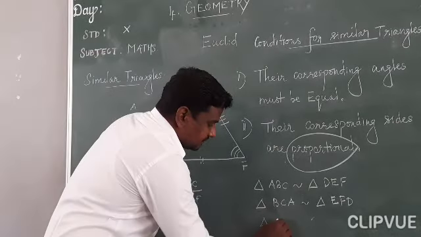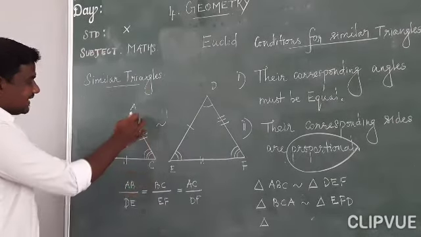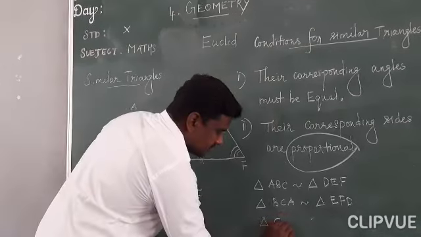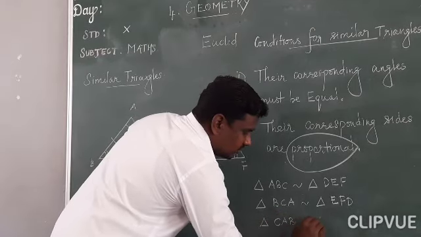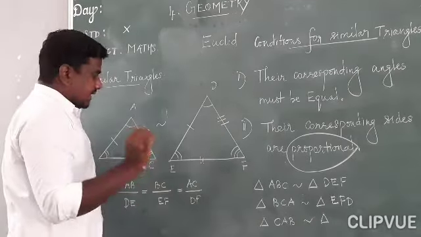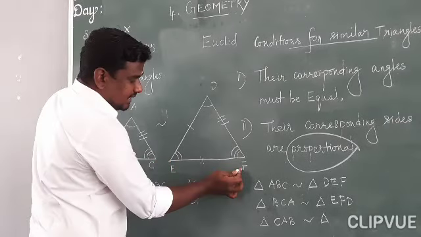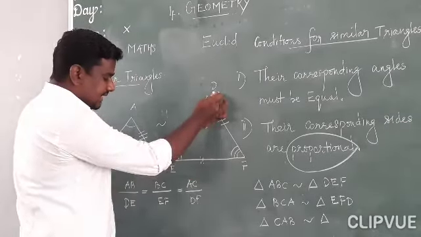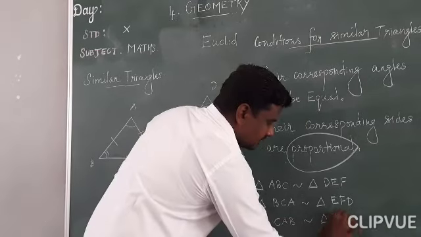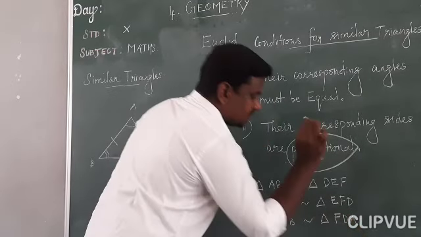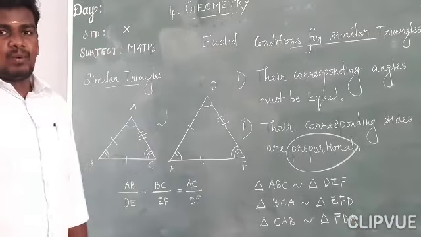The third one, triangle CAB is similar to triangle FDE. These are very important.